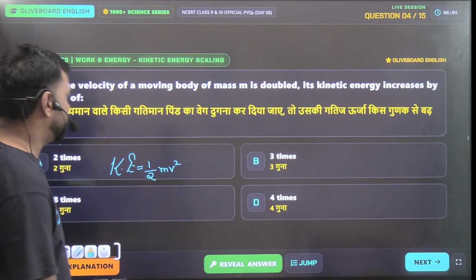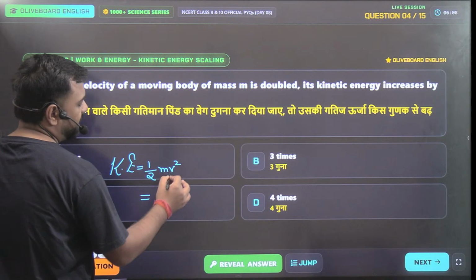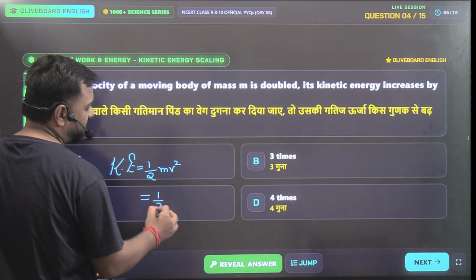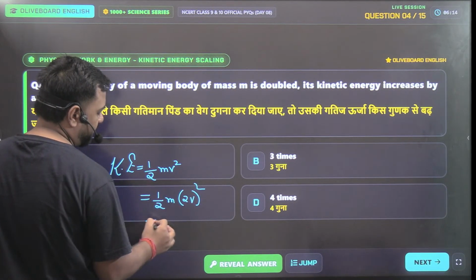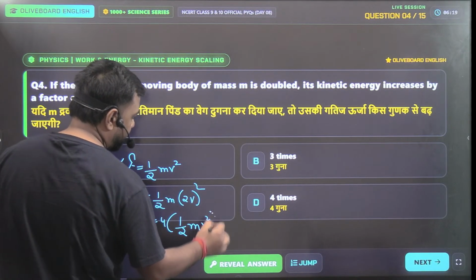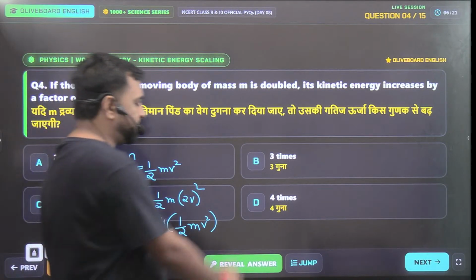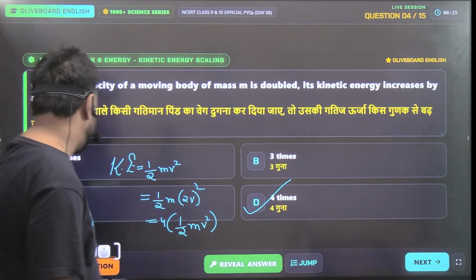Here it's saying what will happen if its velocity is doubled. If it is doubled, it will be (2v) whole square and it will give you 4 times half mv square. So 4 times, so option number D is absolutely correct. So we can go with option number D here, right?